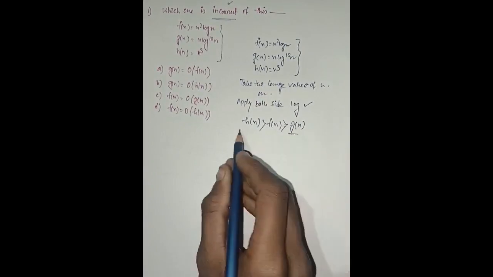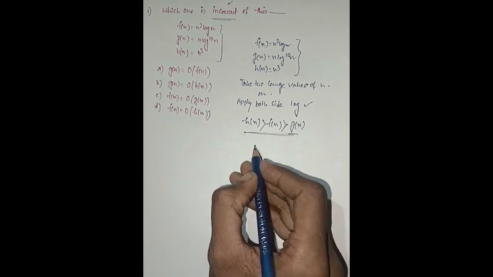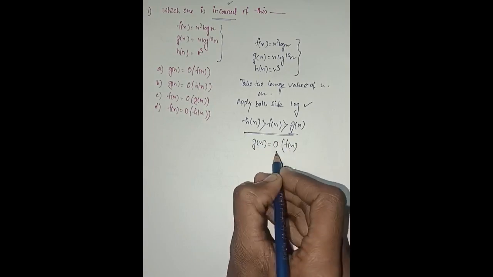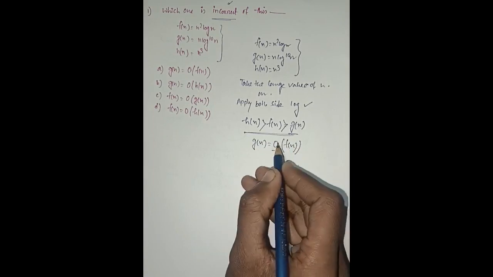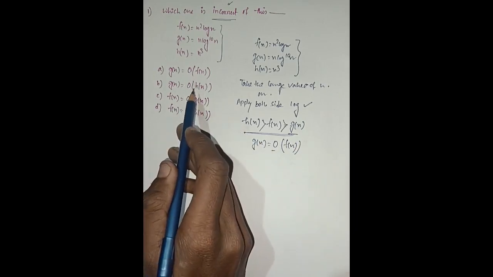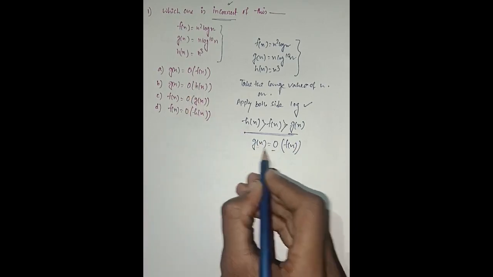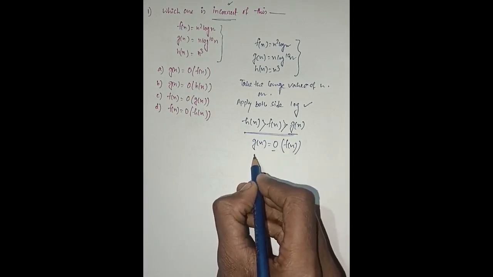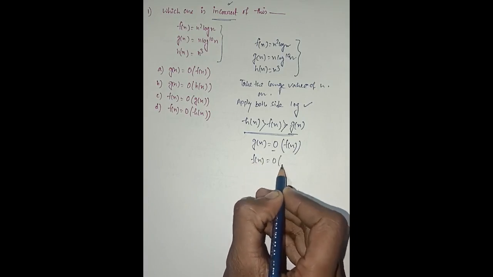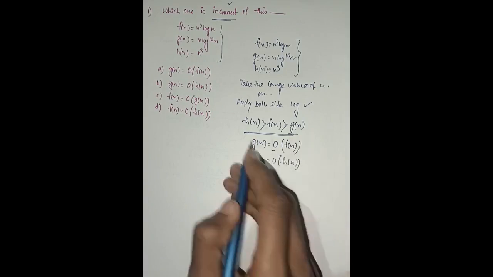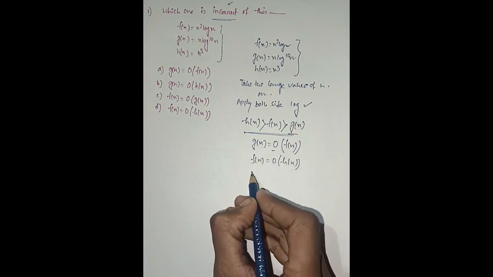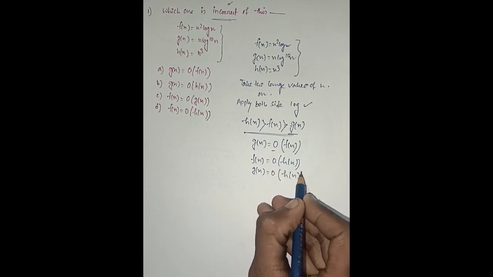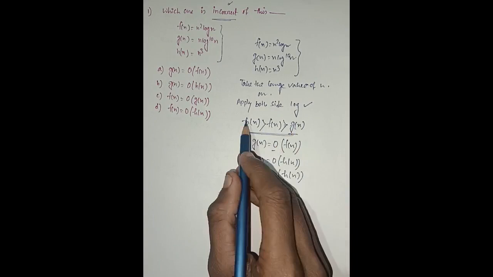We only have to evaluate the big O, because all four options are given in big O. We note that f of n is big O of h of n, and g of n is also big O of h of n, because g of n is much smaller than h of n.